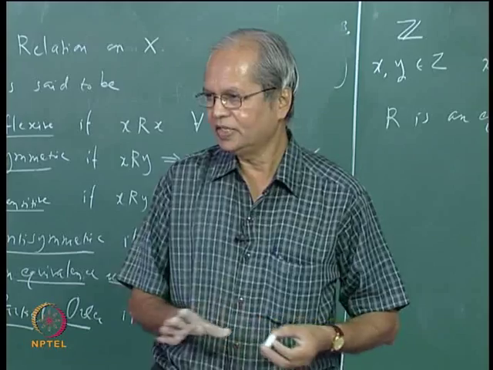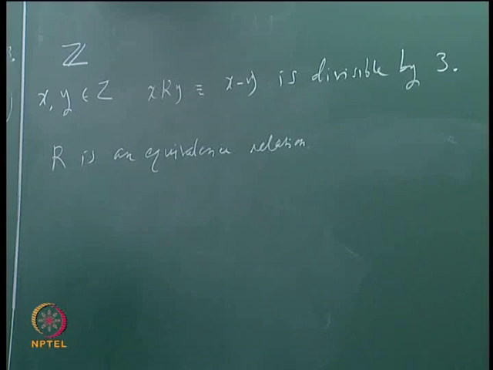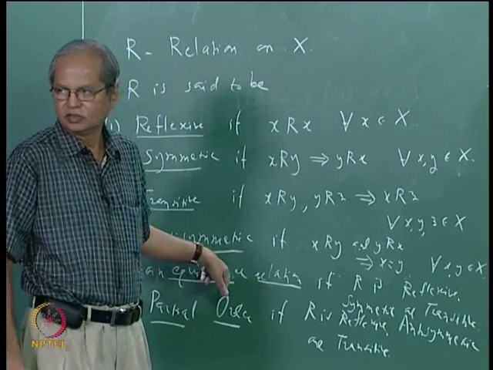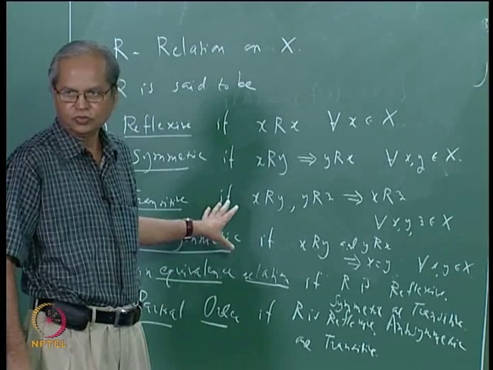So it is not antisymmetric. In fact, a relation cannot be simultaneously symmetric and antisymmetric. Is that clear to you?